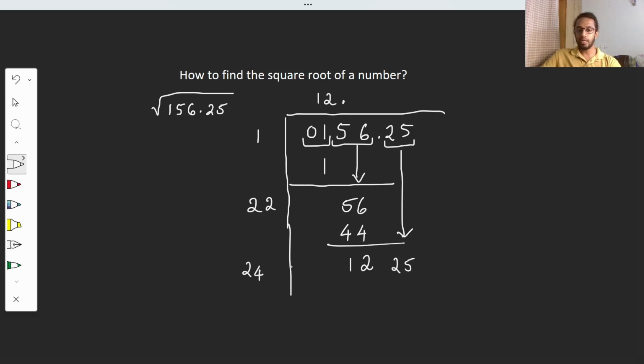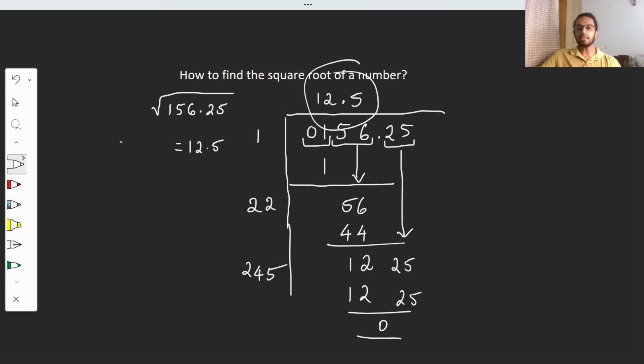Now we have to try 241 times 1, 242 times 2, 243 times 3, likewise. So now when we try 245 times 5, we will get 1225. Now whatever is there in the quotient is the root value of this number, which is 12.5.